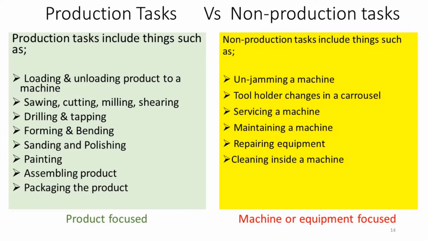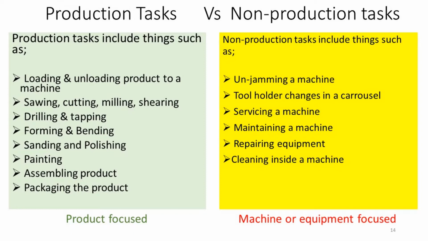The tasks on the left side of the screen are product focused, meaning these tasks convert raw materials into final product. Production tasks are typically very repetitive and there's a rhythm to the work. For example, I load the machine, I drill the part, I unload the machine, I repeat. There's a cycle, there's a rhythm to the work.